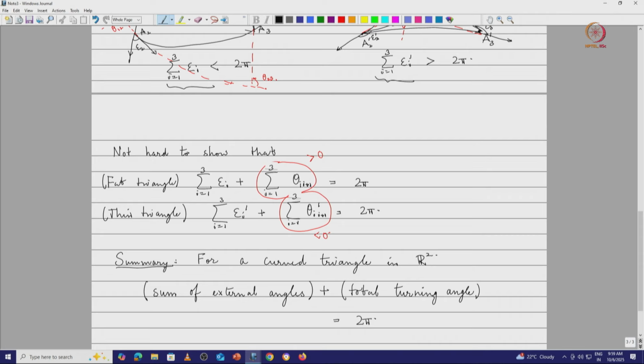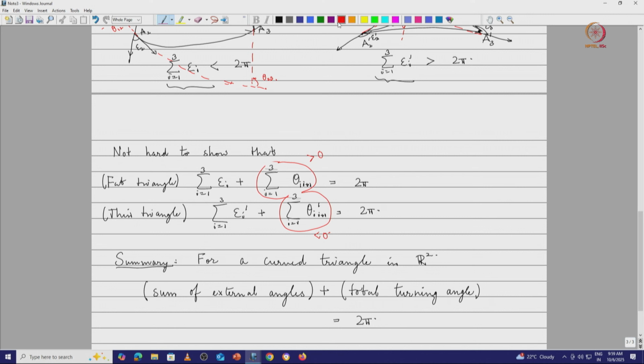So this is a fairly nice generalization of the sum angle property to very general curved triangles. You no longer need the edge connecting the two vertices to be a straight line.